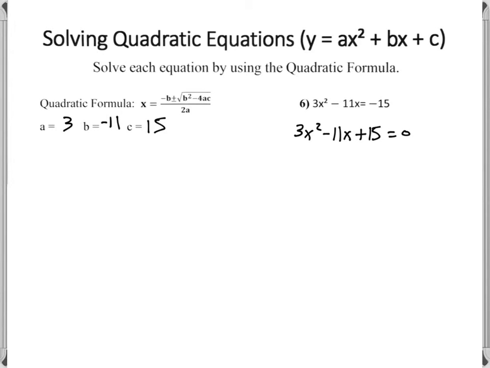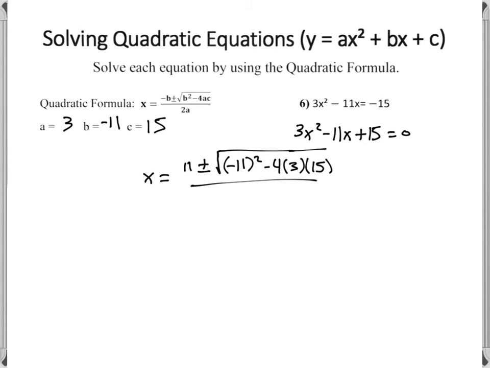So we're going to plug this into the quadratic formula. X equals 11 plus or minus the square root of negative 11 squared minus 4 times 3 times 15, all over 2 times 3.